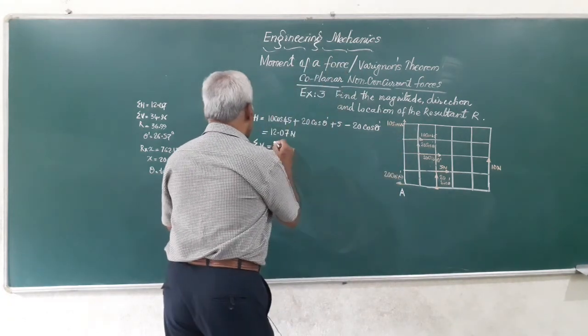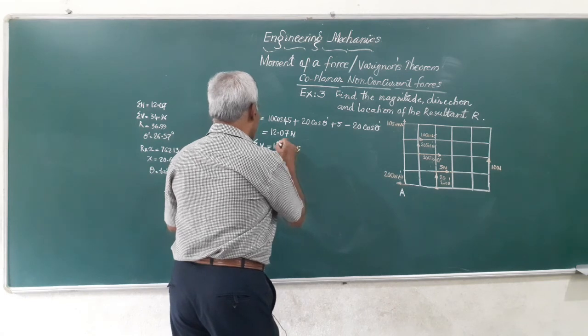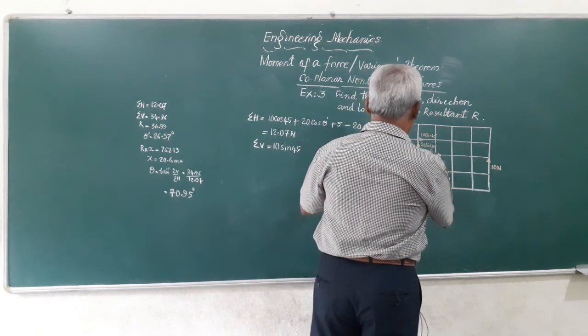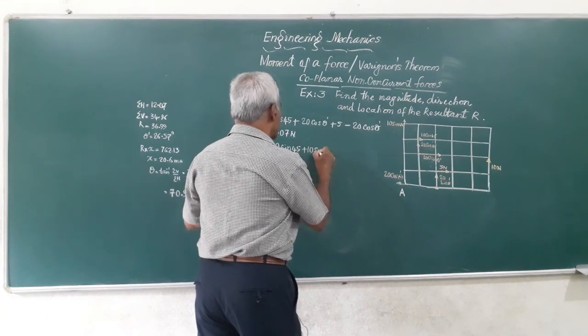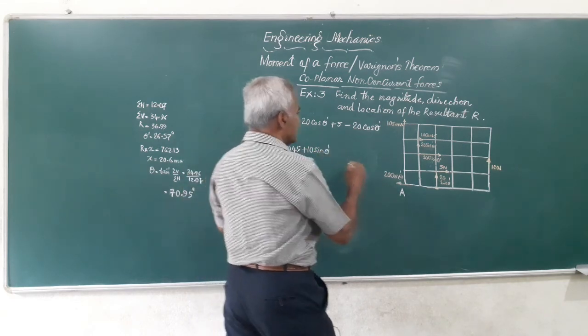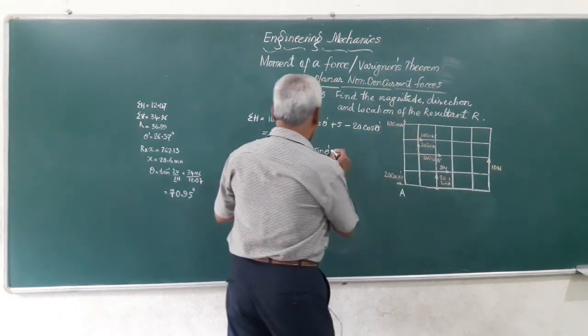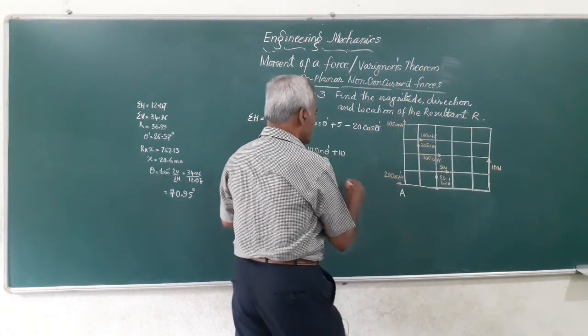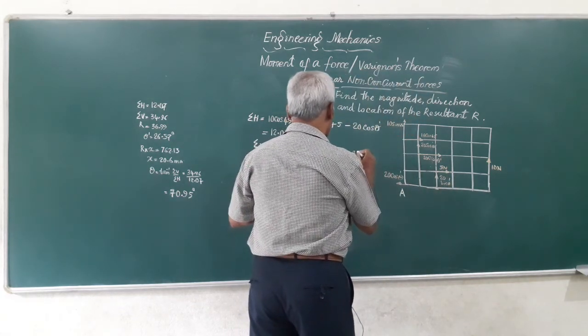First is 10 sin 45 acting here. Then you have got 20 sin theta dash again in the upward direction. We take it as positive. Then you have got this 10 Newton again in the upward direction. Then you have got 20 sin theta dash plus 20 sin theta dash.